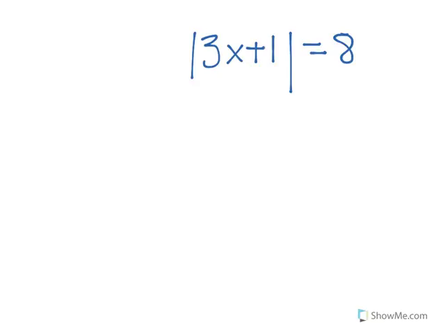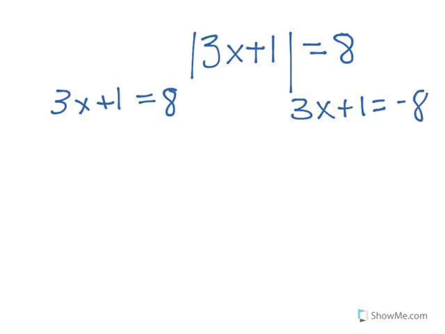In our second example, we have the absolute value expression. The entire expression is already isolated within the absolute value sign. So we will go ahead and right away set up our two equations, and we have 3x plus 1 is equal to 8, and our second equation would be 3x plus 1 is equal to negative 8.